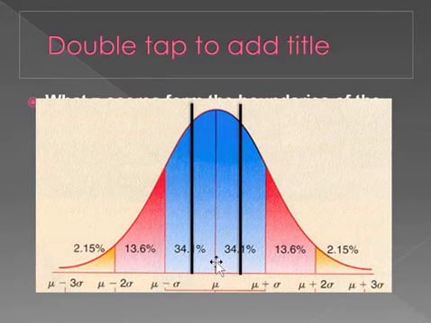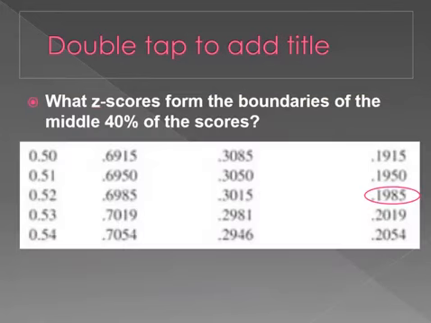I'm looking for the z-score in the mean to z column that's as close as possible to 0.2000 without going over. And that's going to give me my z-score for mean to plus whatever it is. Plus whatever it is, a technical term. So I'm looking for the closest value to 0.2000 in the mean to z column without going over.